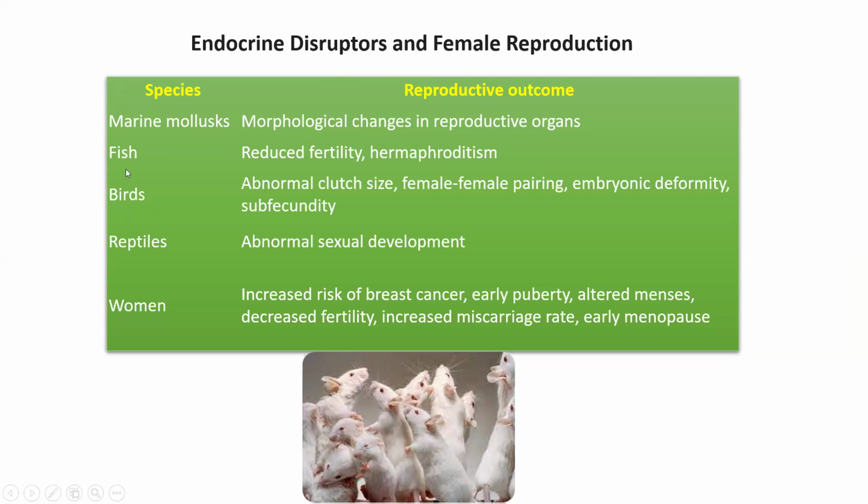In fish, it reduces fertility and causes hermaphroditism. In birds, abnormal clutch size, female-female pairing, and embryonic deformities. In reptiles, it produces abnormal sexual development, and in women, it increases risk of breast cancer, early puberty, altered menses, decreased fertility, increased miscarriage rate, and early menopause.